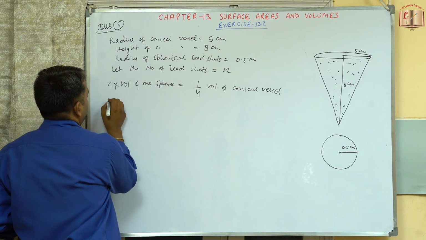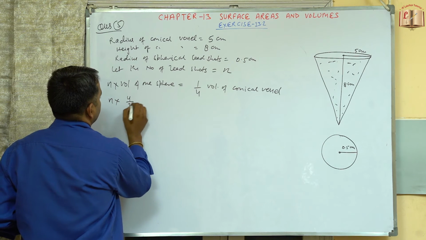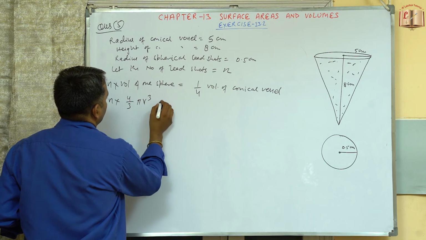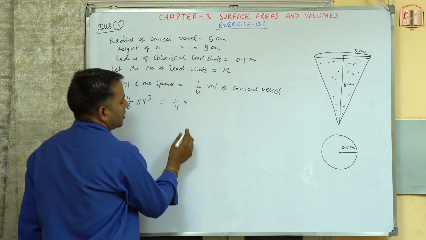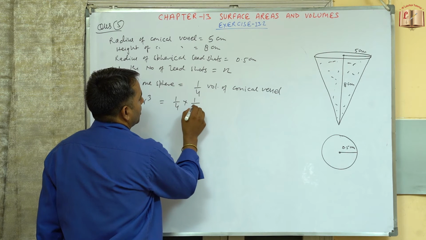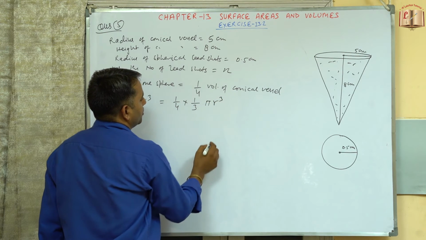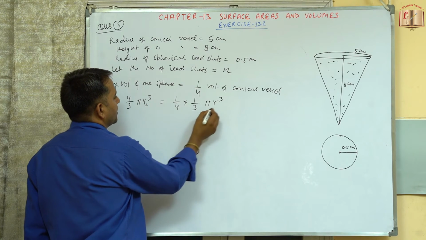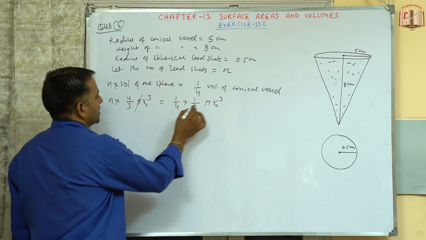So n into volume of the sphere we know, this is 4/3 pi r cube, and this is equals to 1/4 into volume of the conical vessel. So कोन का volume कितना होता है, 1/3 pi r cube. So this radius is for a sphere and this is for cone. So pi से pi cancelled.